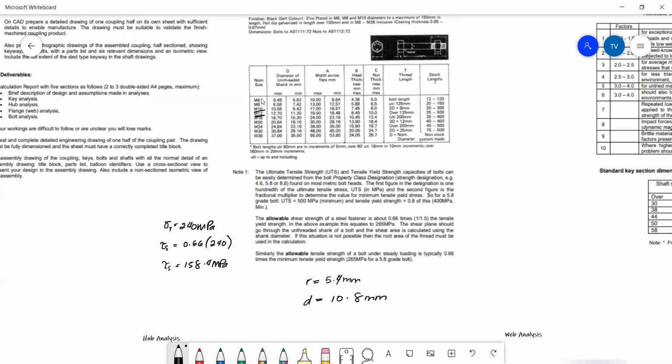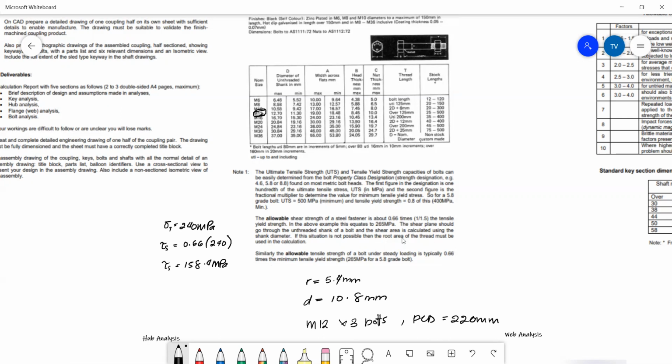The only logical choice is 12 or up. So the bolt that we will be using is M12 times 3 bolts with a PCD of 220 millimeters. And that's how you would approach these types of questions. And that's how you're supposed to approach this assignment.